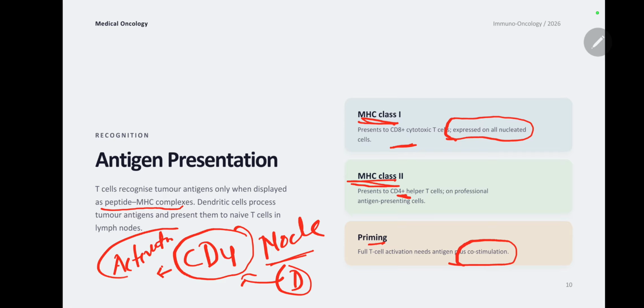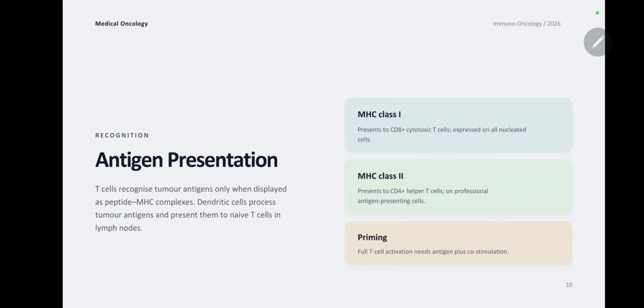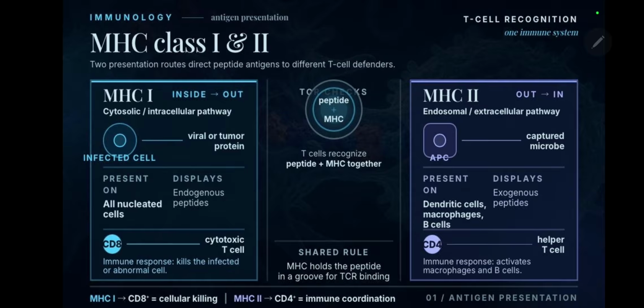But the final activation needs this co-stimulation, or this process known as priming. What co-stimulation is and how it goes on, we will discuss later. Okay, so this is the basic mechanism behind MHC class 1 and 2.